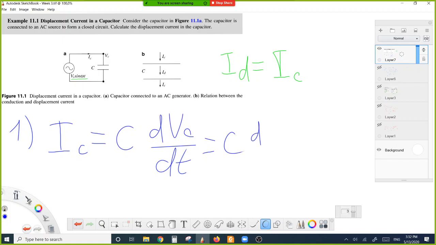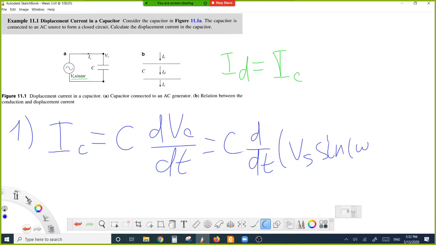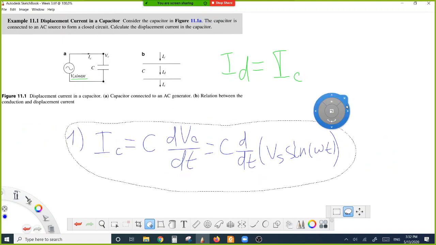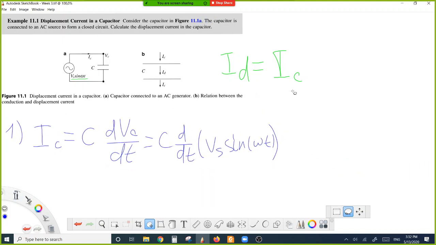C d over dt of Vs sine omega t will be equal to C Vs omega cosine omega t. Okay, this is obvious.